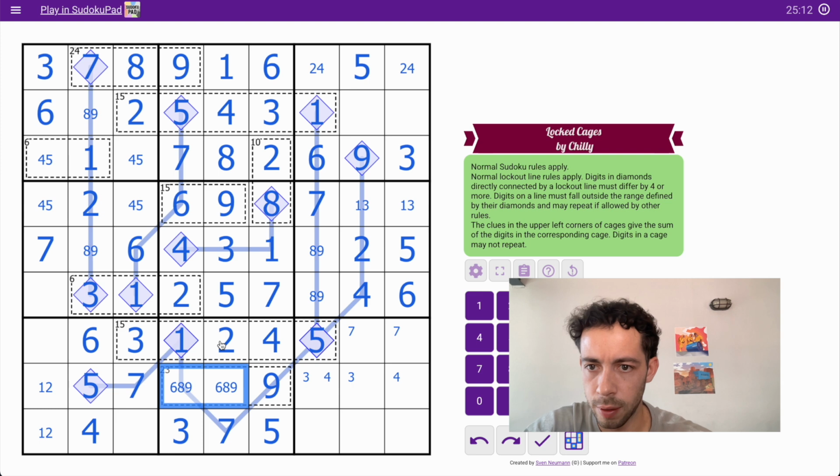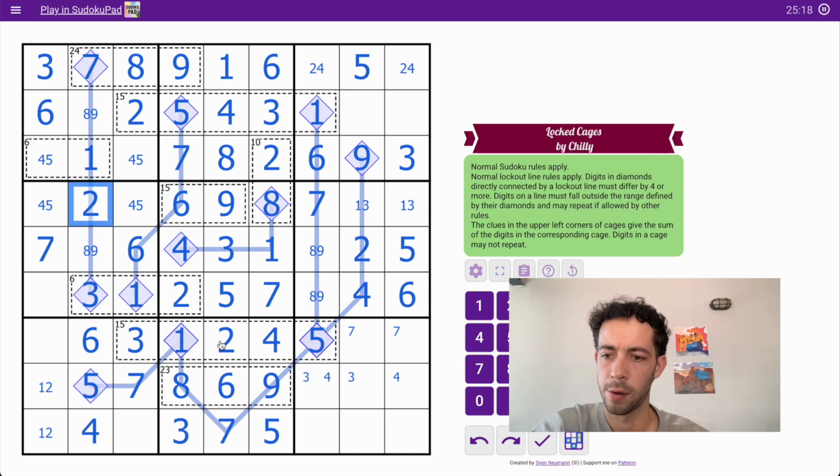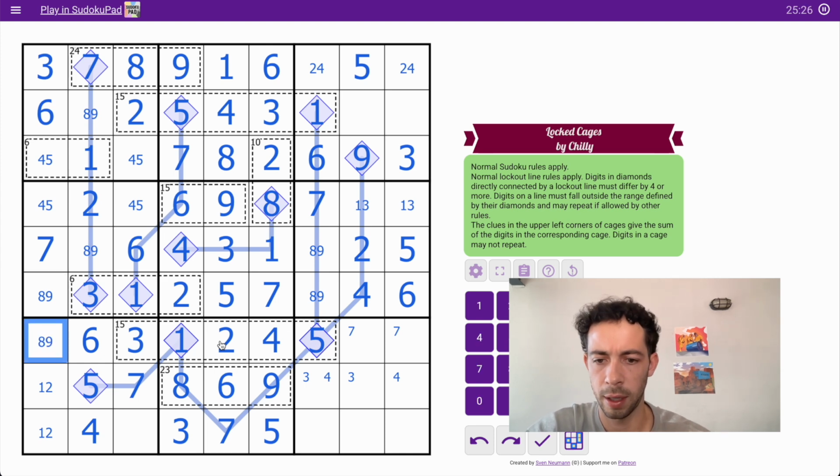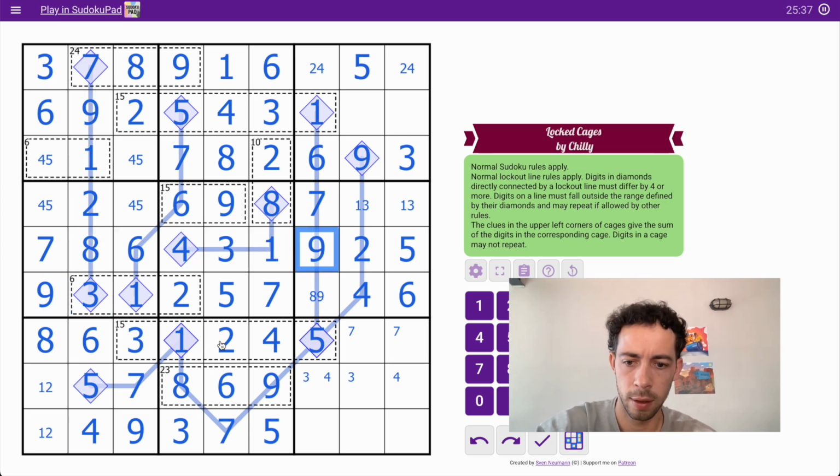Which one is 6? This one is 6. This one is 8. It's 8, 9. That's got to be 9. Say that 8. Like this.